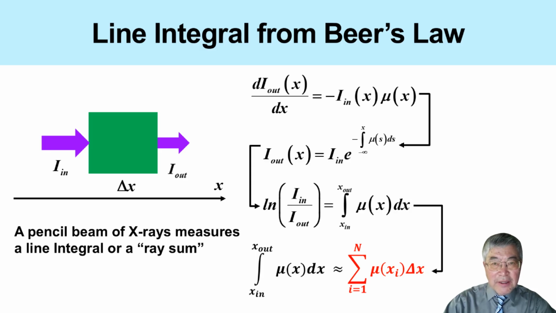Each pixel contributes according to its attenuation value and according to how much of the ray passes through that pixel. So in the end, each X-ray measurement gives one ray sum. Equivalently, it gives us one linear equation involving the unknown pixel values.